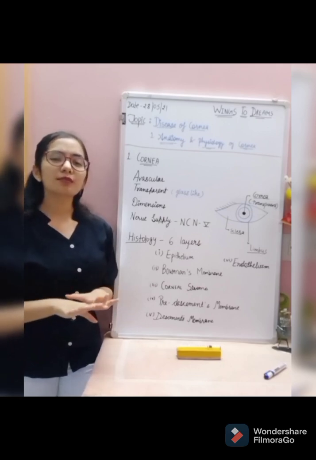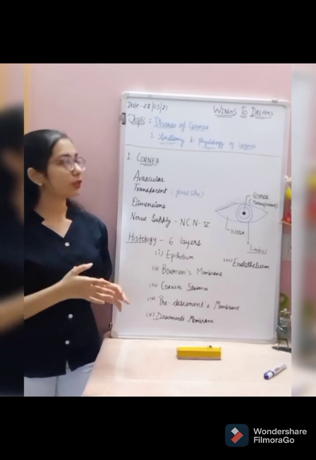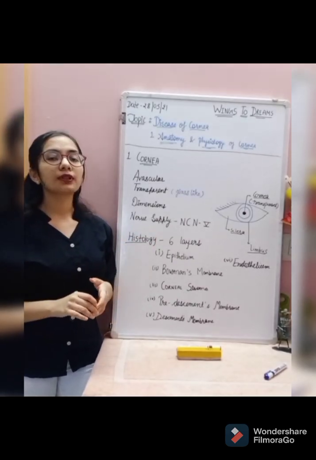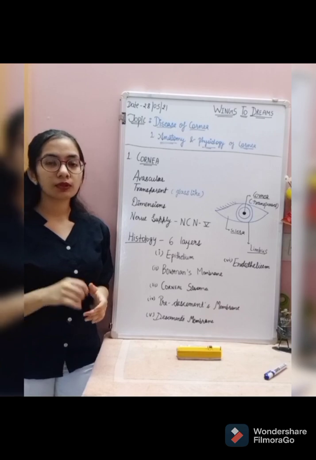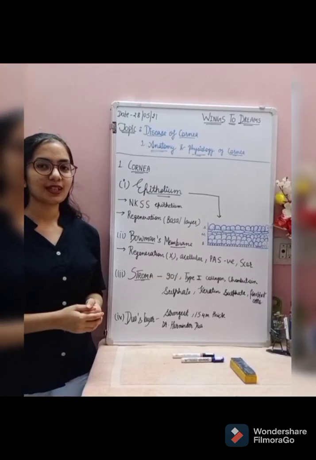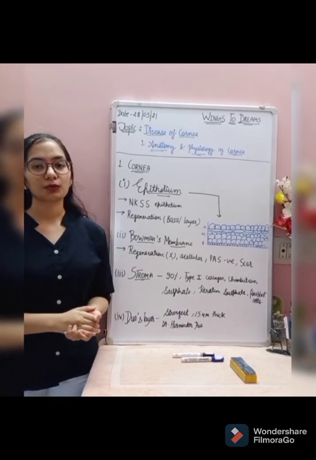After you know this much, you can easily understand the diseases of cornea. This part is important for your theory section, your practical examination and further PG level. So let's start with the layers of the cornea.